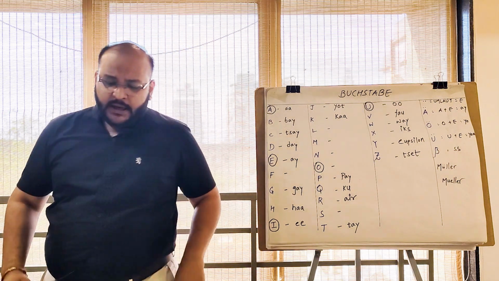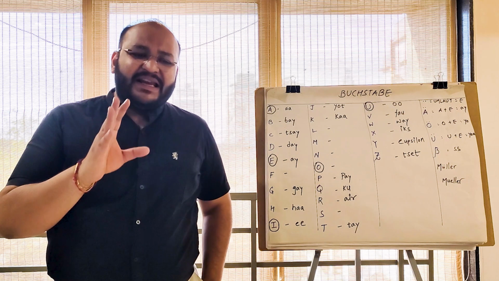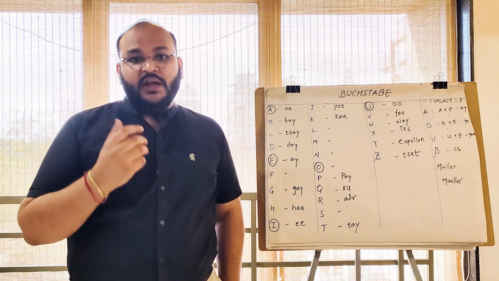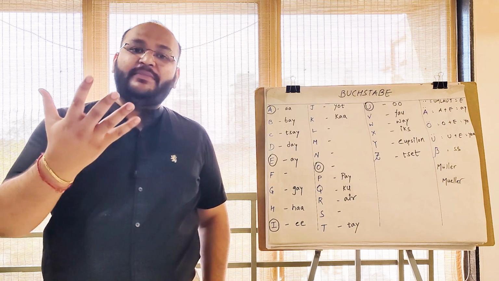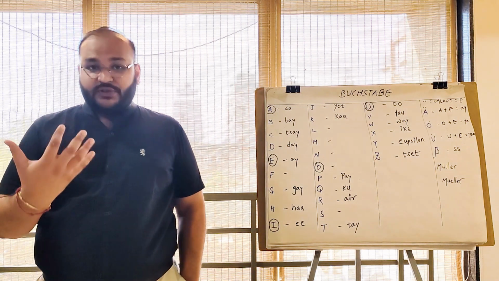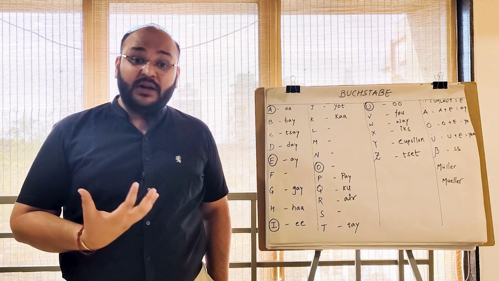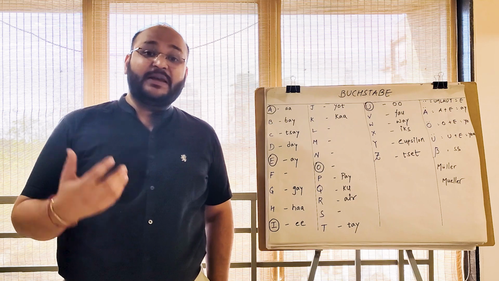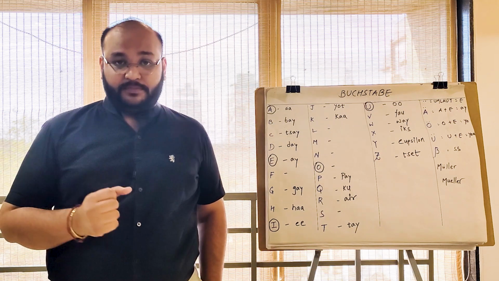So let's start. Basically, there are two different types of pronunciation. For example, let's say somebody's name is Parth. If I ask, what's your name? He will respond, my name is Parth. And if I ask him, how do you spell it? He will say P-A-R-T-H.